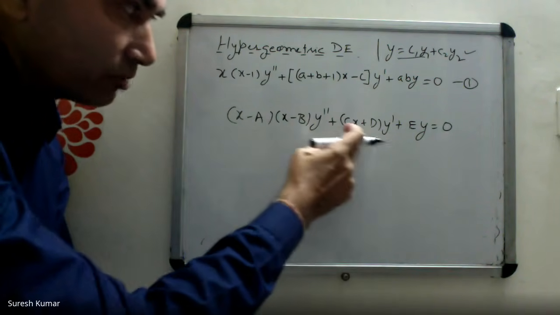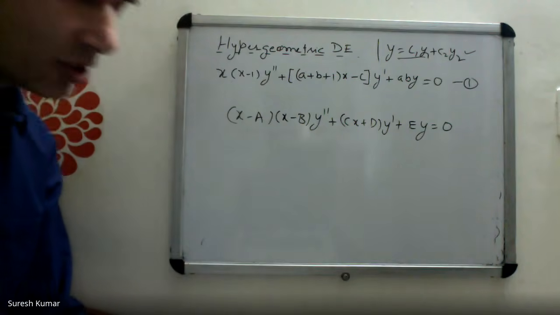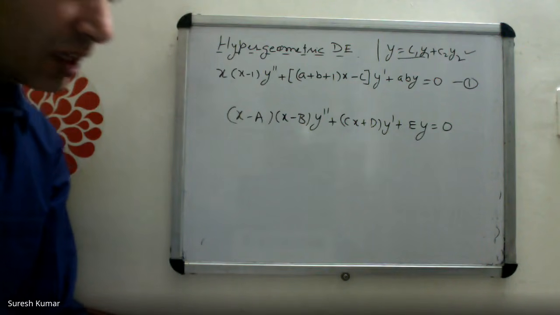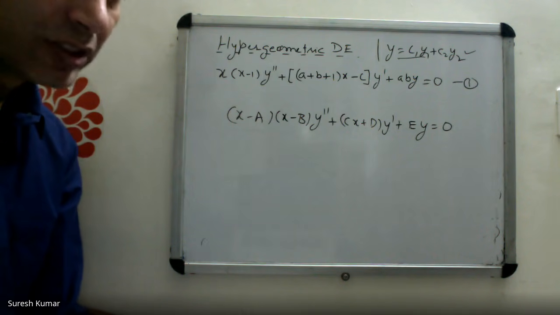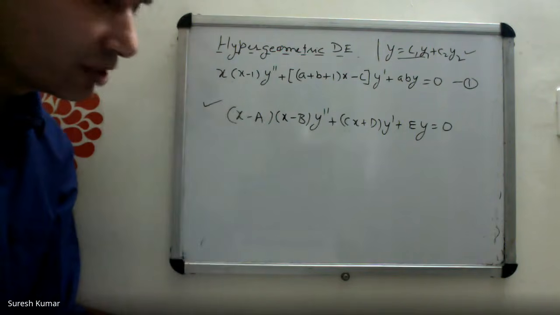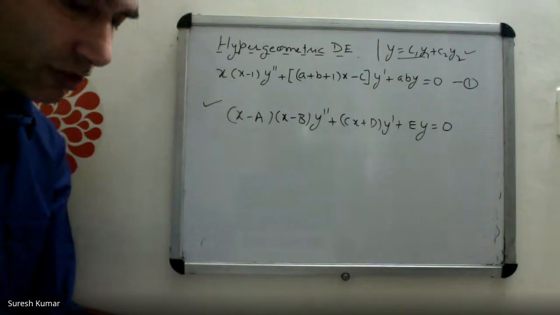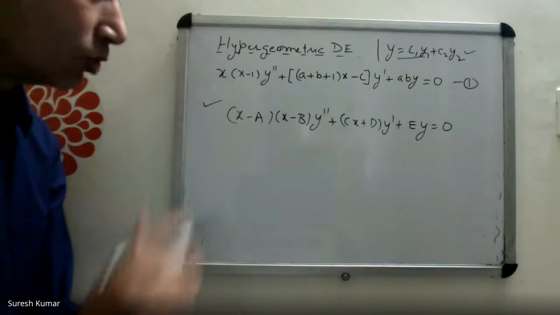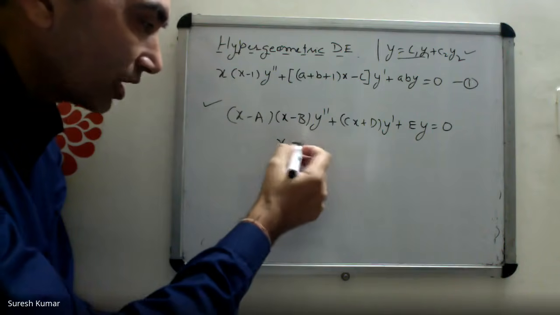The coefficient of y prime is linear in x and the coefficient of y is a constant. This kind of differential equation can always be converted into a hypergeometric differential equation. So this particular family of differential equations is always solvable in terms of hypergeometric functions. Let's see how. Suppose you want the solution of this differential equation about x equal to a.